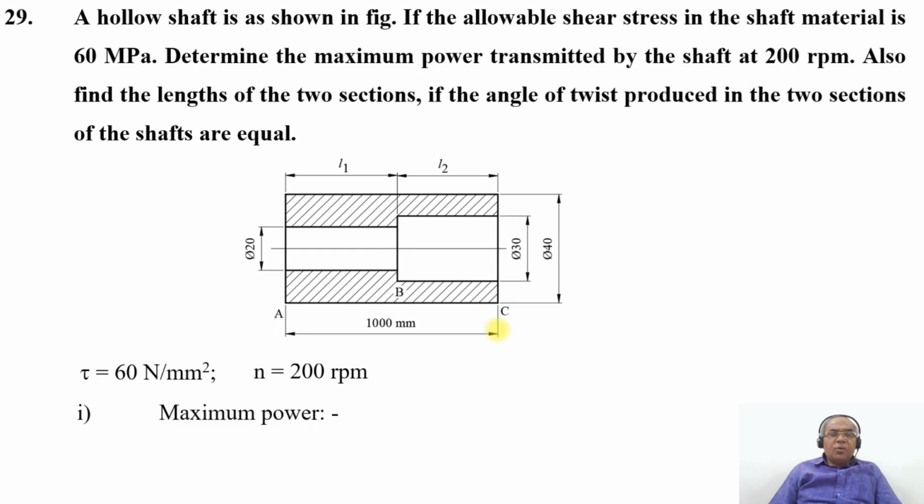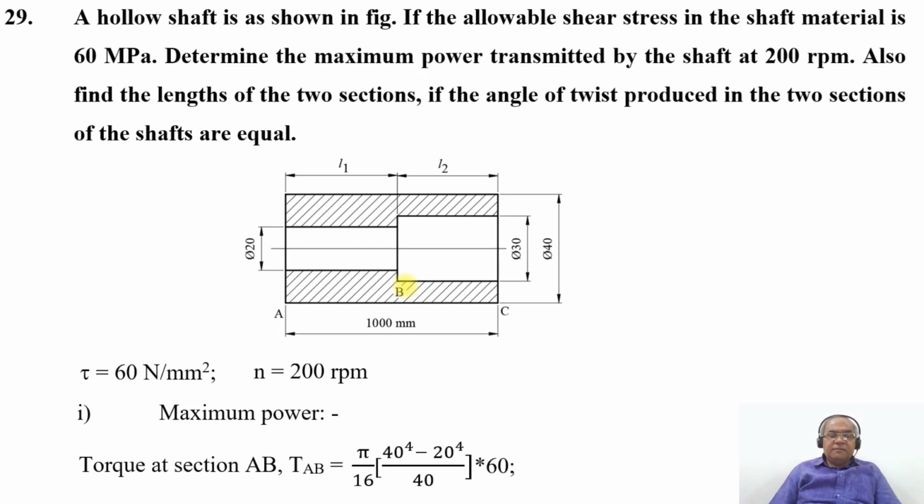And for the maximum power, what we need to calculate is the torque at the section AB, that is TAB. So that is the torque between A and B, which I need to find out. So this will be a hollow shaft of length L1 having internal diameter of 20 and external diameter of 40.